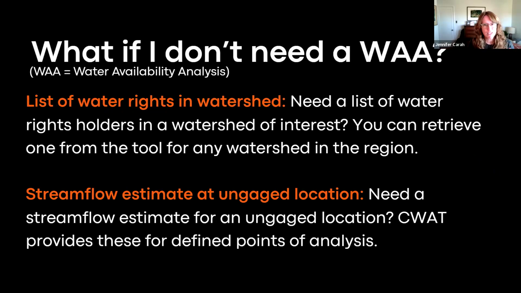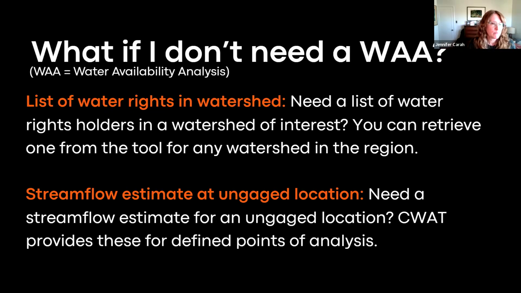So I mentioned earlier that the tool could be helpful for increasing the ease of project scoping. So even if you don't need a full water availability analysis to support a new water right application, we see that there are a lot of ways that folks might find utility in the tool anyway.